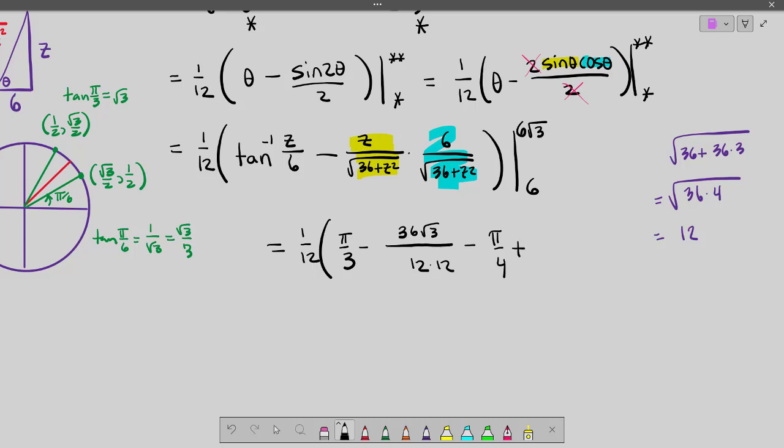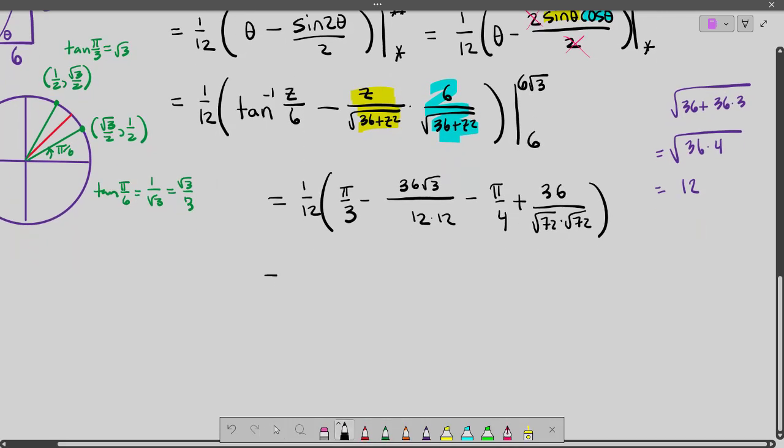Now we're plugging in just 6 here. So 6 times 6 in the numerator is 36. In the denominator, we're going to get 36 plus 36, so that's going to be the square root of 72. And we're going to have the square root of 72 twice.